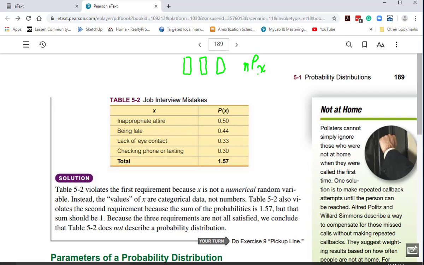Suppose you have 3 positions: president, vice president, and secretary. We say that order matters. Why? Because not every job interview is going to be president, not everybody is going to be vice president. So you have to select one, and then it stops the others.